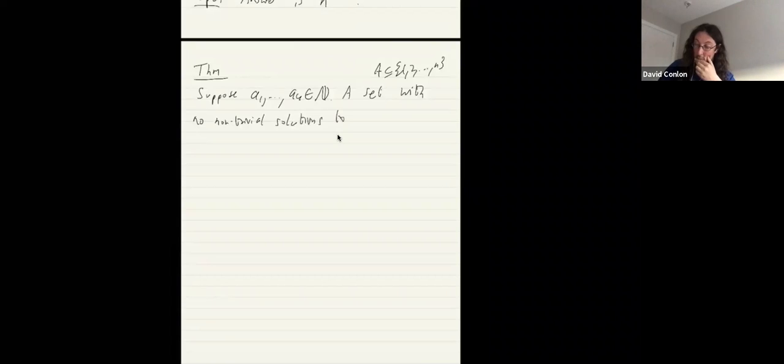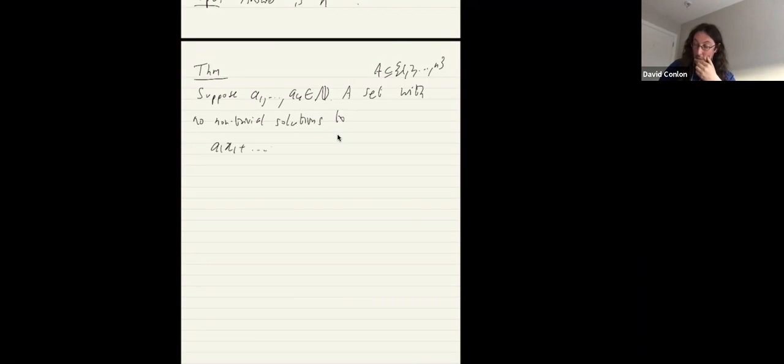So a set A contained in 1 up to n with no non-trivial solutions to just a standard translation invariant equation, A1x1 plus A4x4 is equal to A1 plus A4x5 has, oops, I've left out a key condition. I'll come back to it in a second. A size little o root n. So it's not just a set, it's actually a Sidon set.